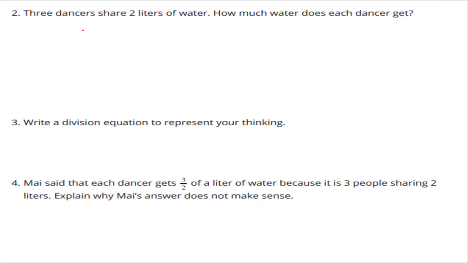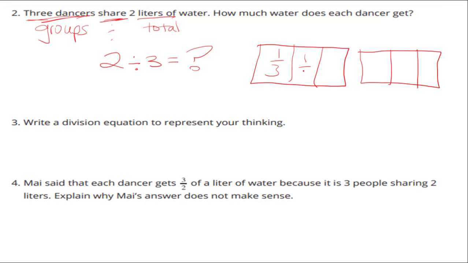Okay, let's look at this one. There are 3 dancers. Those are your groups. They're going to share. That means divide. 2 liters, that's your total of water. How much water does each dancer get? Okay, so I have total divided by 3 groups. 1 out of 3, 1 out of 3, 1 out of 3.